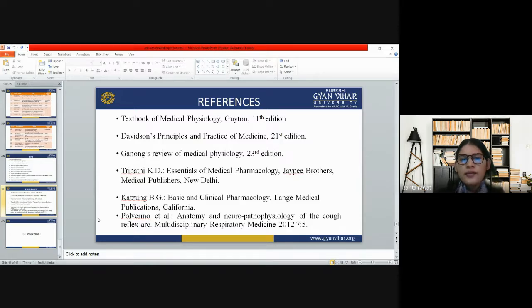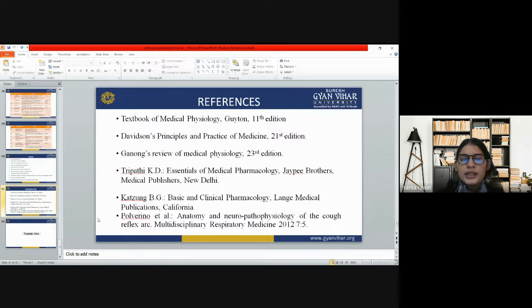First, I have used Textbook of Medical Physiology by Guyton, 11th edition. Then I have used Davidson's Principles and Practice of Medicine, 21st edition. Then the very famous KD Tripathi, Essentials of Medical Pharmacology, that is JP Brothers publication.